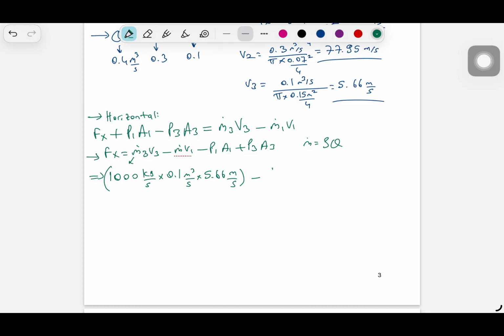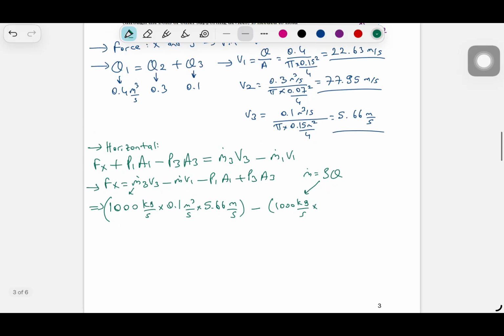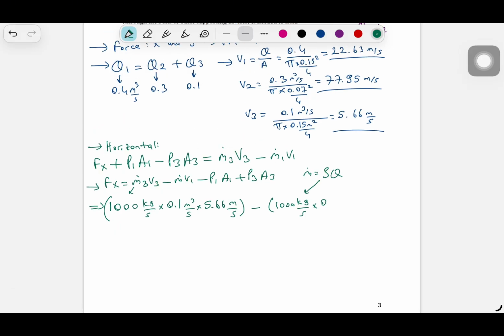We have minus, now we are at this step. We have minus 1000 kilogram per cubic meter, which is density. We have the flow rate, and it was 0.4. And of course, we will have velocity, and we calculated it as 22.63 meter per second.